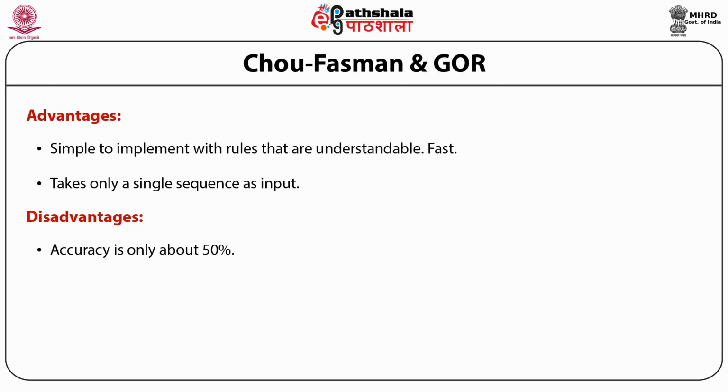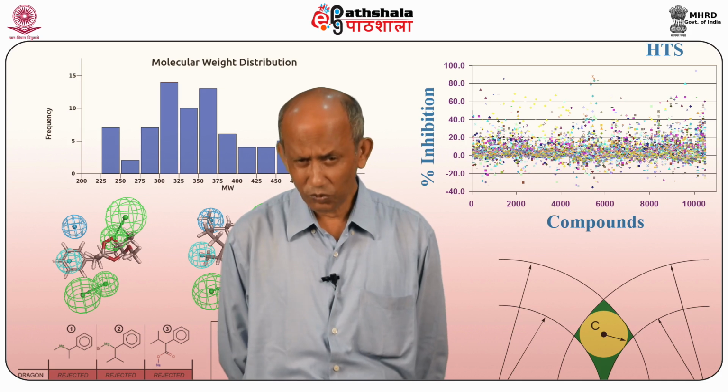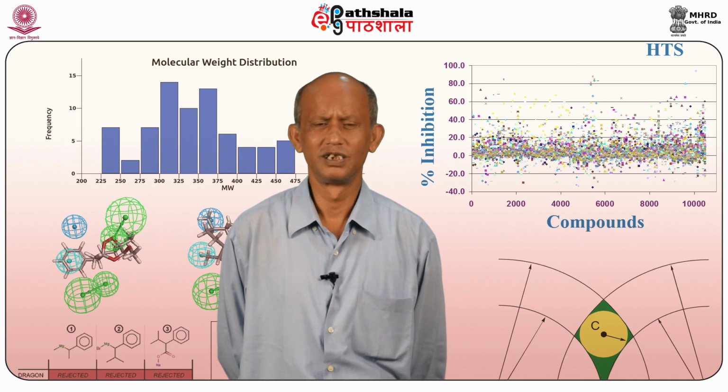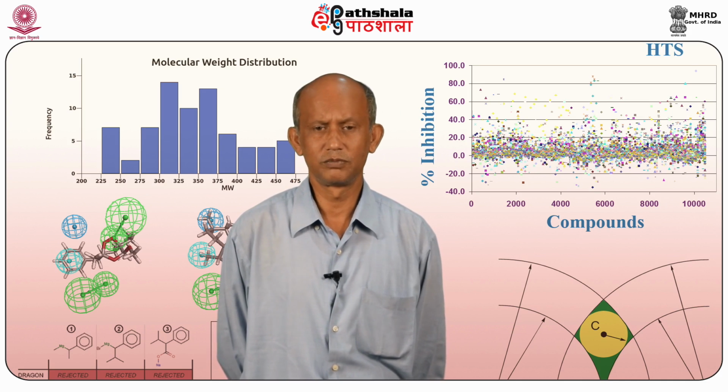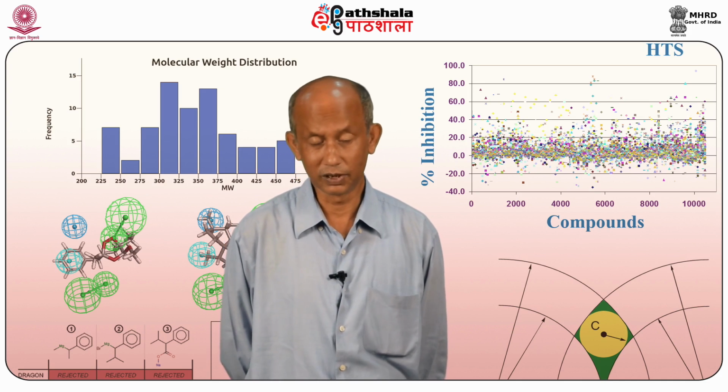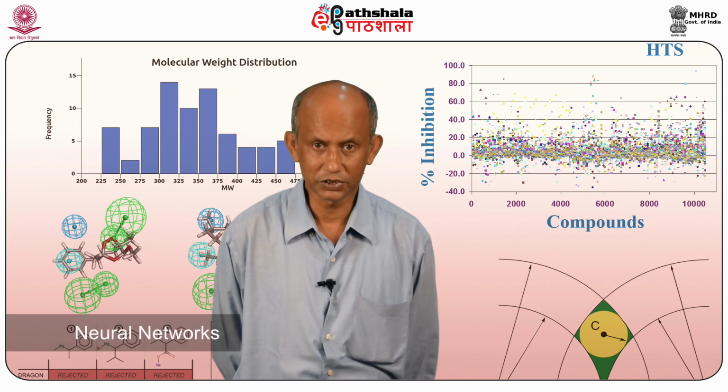So we need more sophisticated methods to do something which really becomes biologically useful. There are very many methods for predictions from complex data, and the ones which were most popular and are still popular nowadays are the neural networks.